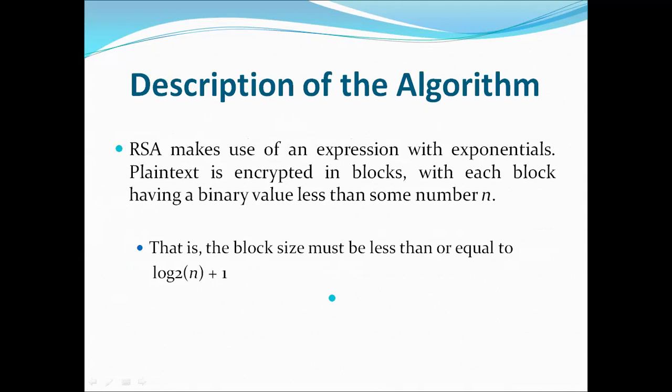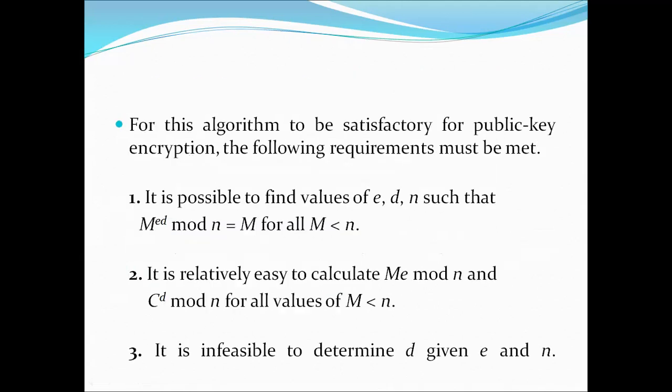RSA makes use of an expression with exponentials. So plain text is encrypted in blocks, and each block has a binary value which is less than some number n. That is, the block size must be less than or equal to log2(n) plus 1 bits.